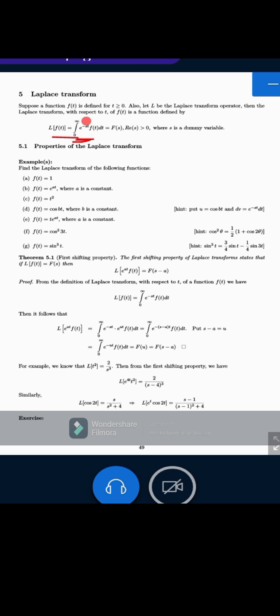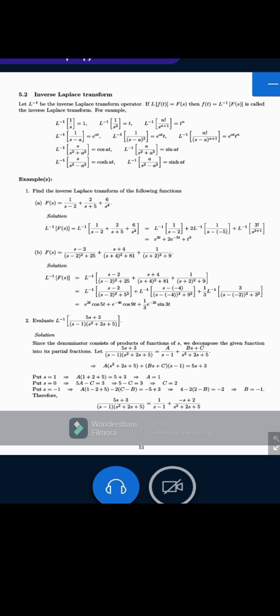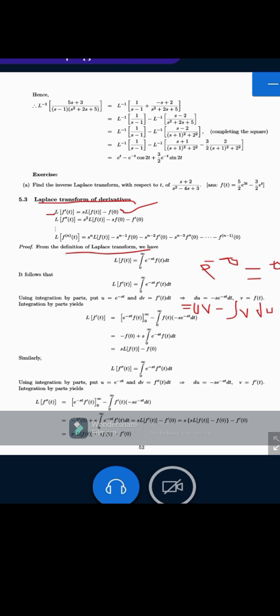The integral from 0 up to infinity exponential minus st f of t dt is basically like saying the Laplace transform of f of t. So meaning now whatever we have here, this one will become this.